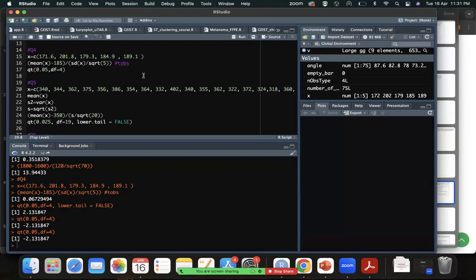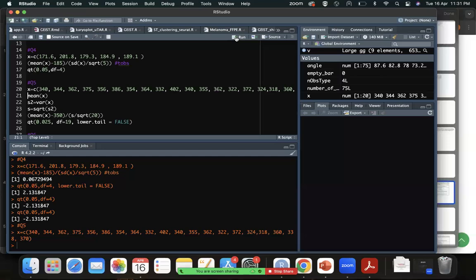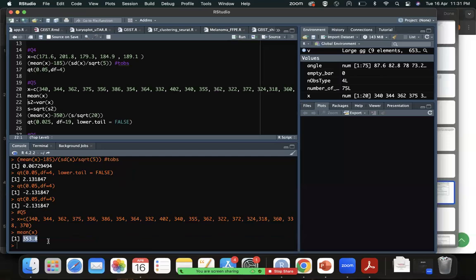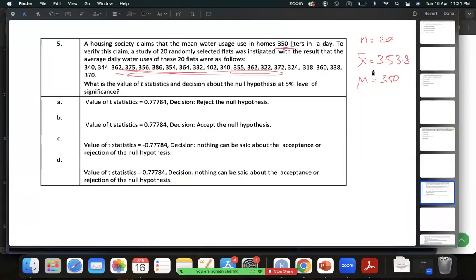X bar can be calculated, question number 5. So mean of X is X bar, which is 353.8. Degrees of freedom would be n minus 1, which is 19. The formula here is the t statistic, same as before: x bar minus mu by s by root n.